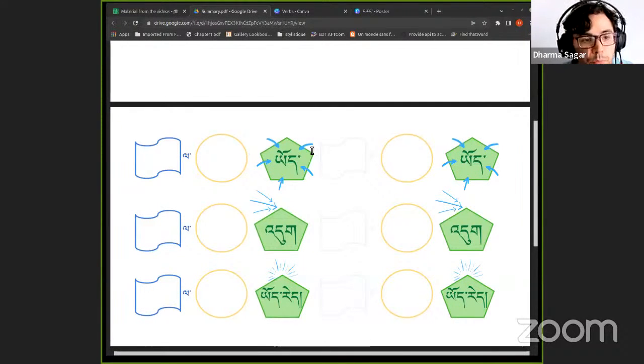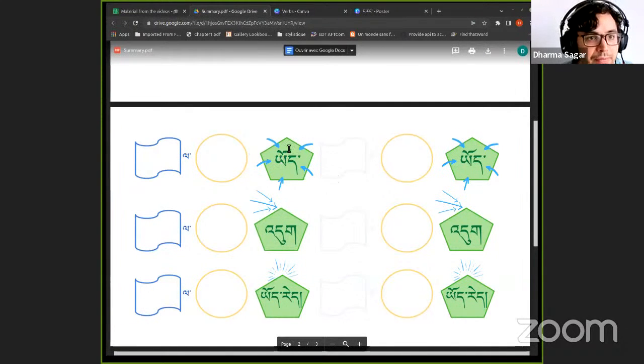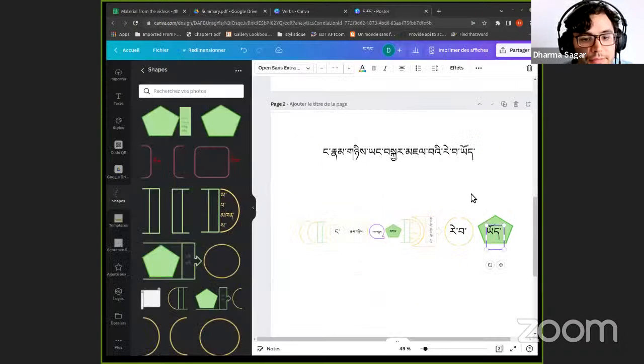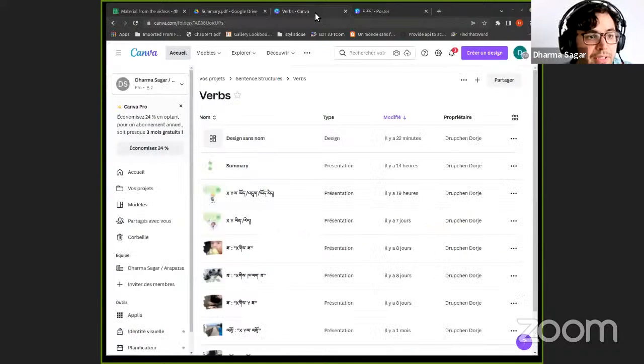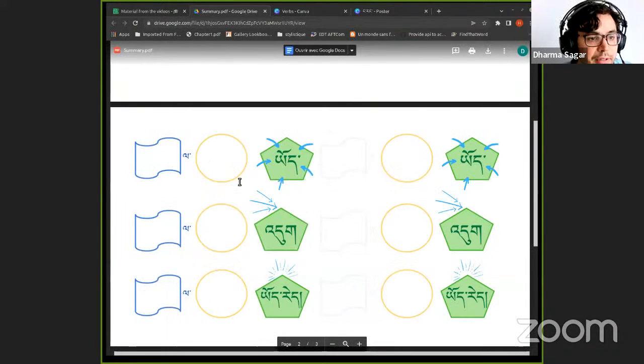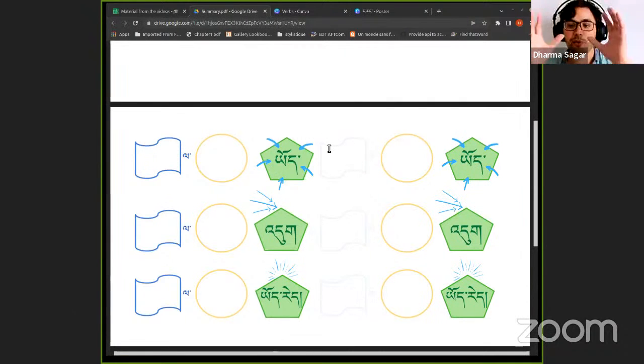So that's how you build a sentence with ye. And because I know that I have ye at the end, what comes before must be the object that goes in this structure here. So that's why it's important to memorize what verb goes with what structure, so that you can put things together in the right way.